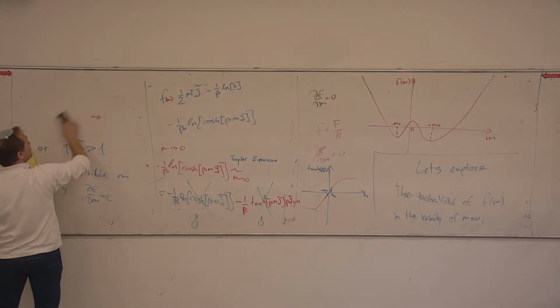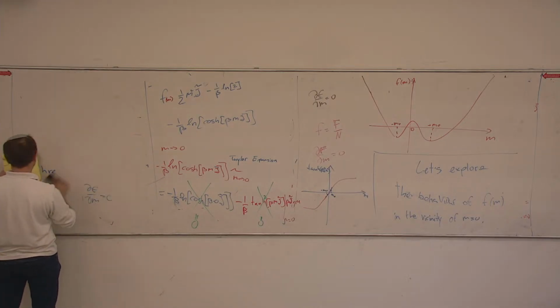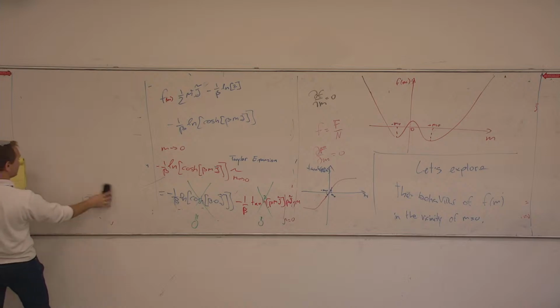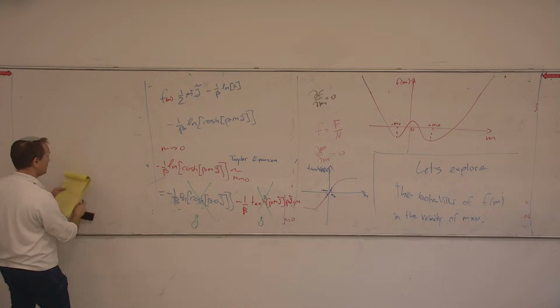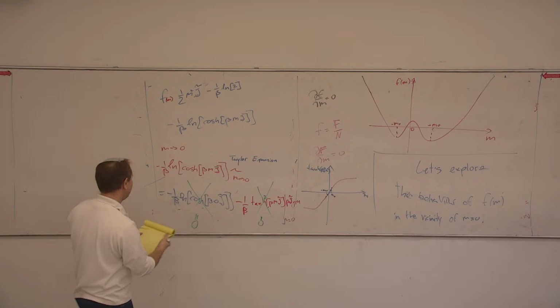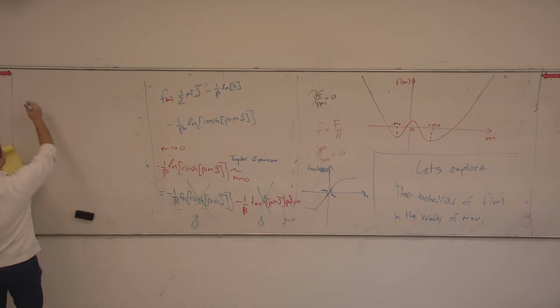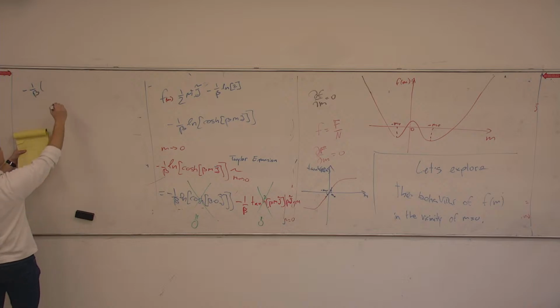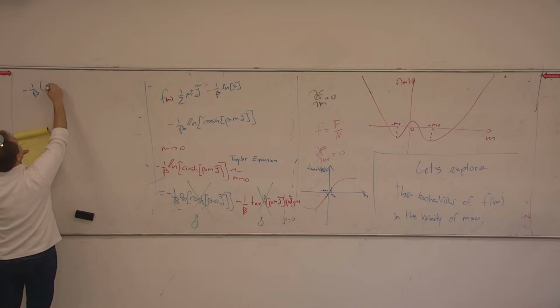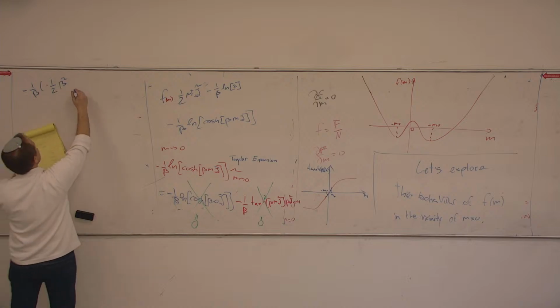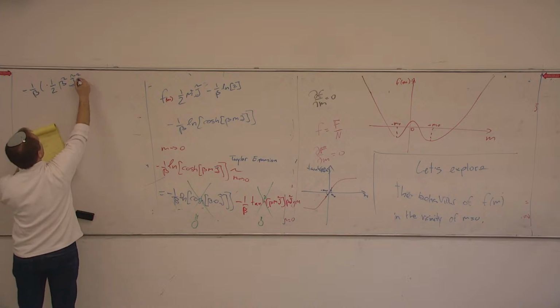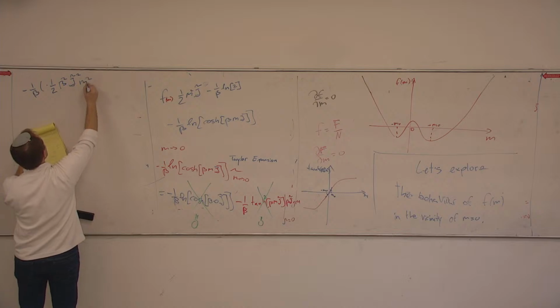So the second order will provide minus 1 over beta multiplied by 1/2 of beta squared j tilde squared m squared.